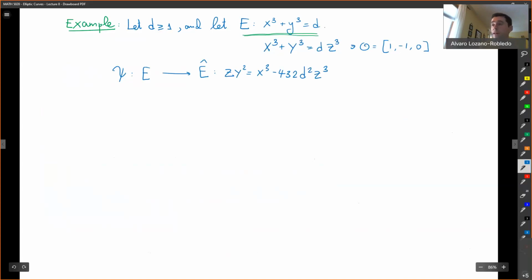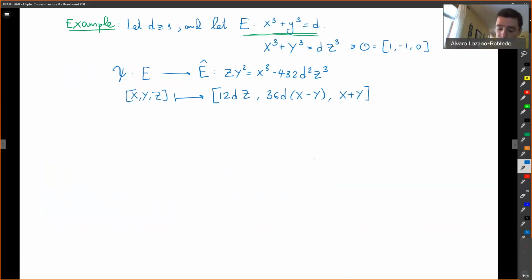So E, the map is defined that sends (x, y, z) to the point (12dz, 36d(x - y), x + y).